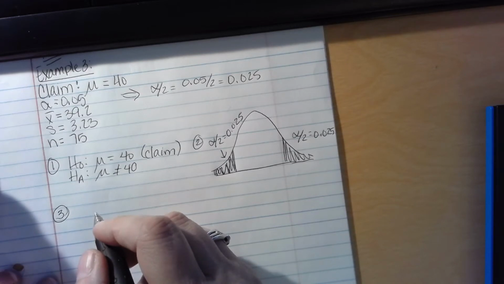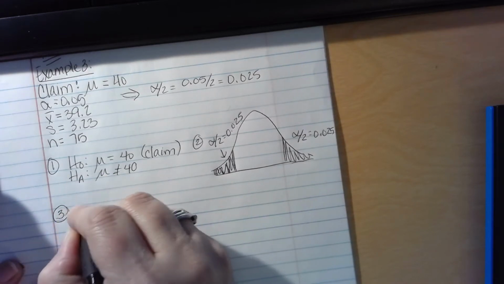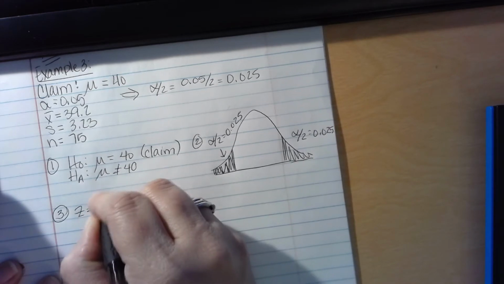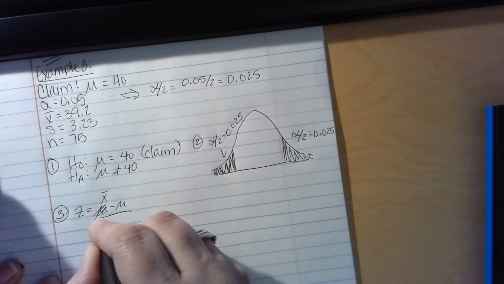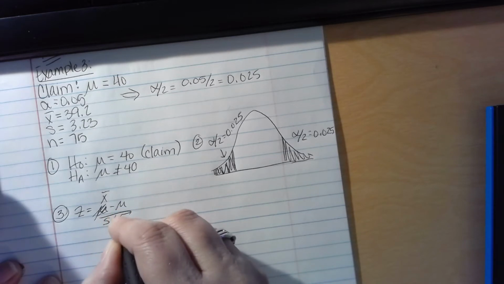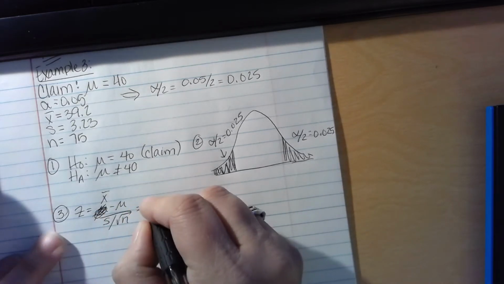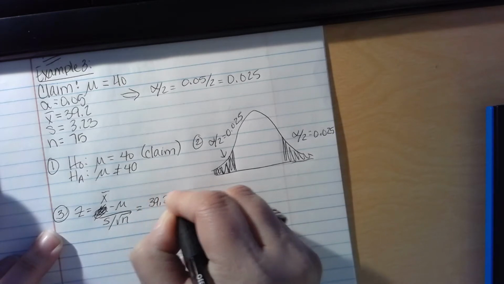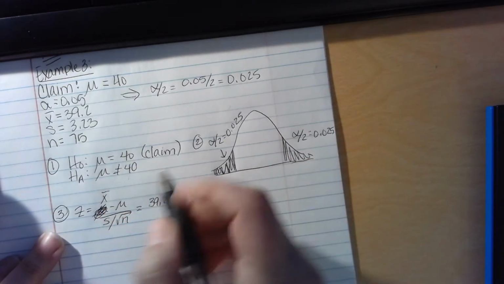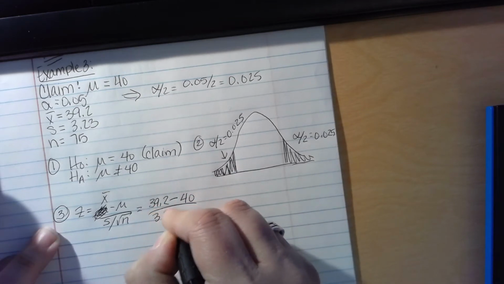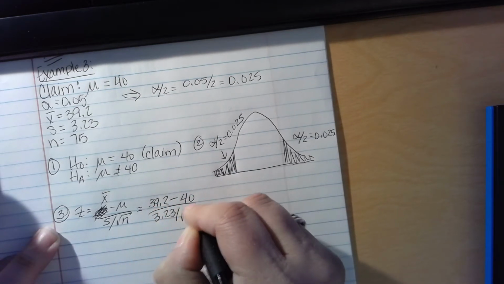Okay, so step 3 is we have to find out what the p-value is. So we're going to find our z-score, which is x bar minus mu, over the standard deviation divided by the square root of n. That's the formula. So that's 39.2 minus our mean, which was in the claim, divided by 3.23 divided by the square root of 75.